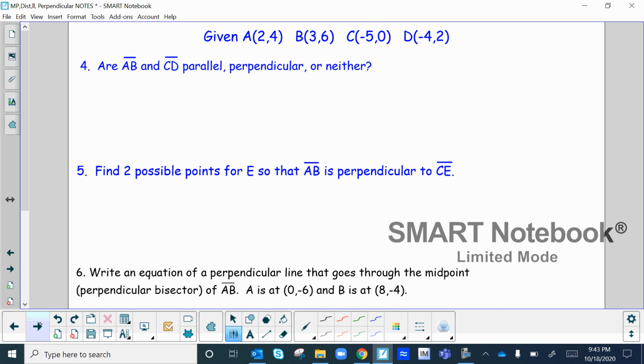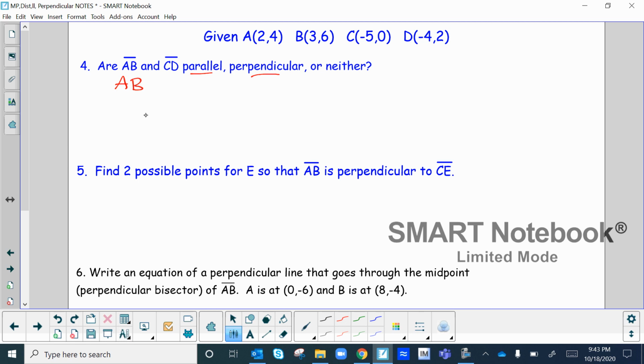So let's look at number 4. Number 4 says, are AB and CD parallel, perpendicular, or neither? Well, we just need to figure out their slopes to see if they're parallel, perpendicular, or not related at all. So let's do AB over here. And so here's a quick way that most students like to see it.